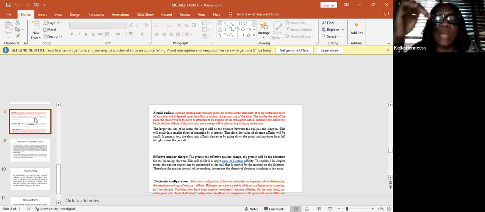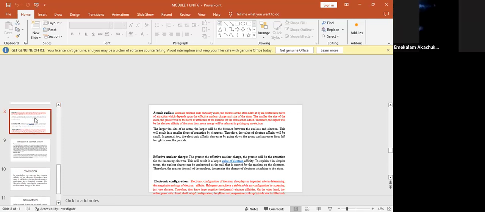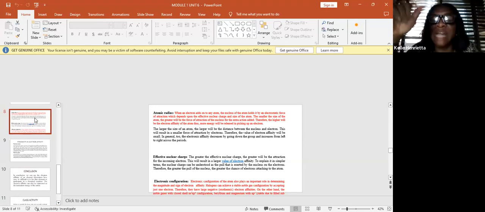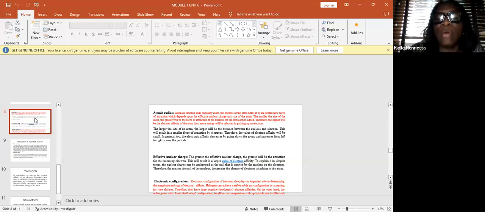When an electron is added onto any atom, the nucleus of the atom holds it by an electrostatic force of attraction, which depends upon the effective nuclear charge and size of the atom. That's all that I've explained here, but I'm leaving this up for those who might want to go back and listen to the recording, so that they can have something to look at.